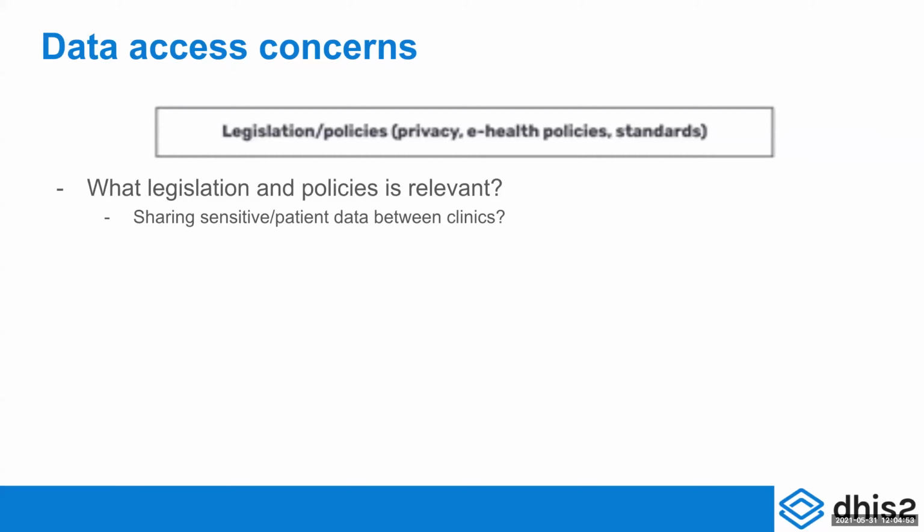And this is sometimes a very new question because there was never an information system capable of doing this before, and you might have to dig into legislation that was not really meant for this kind of situation, or you might even have to look for a change to legislation for your system.